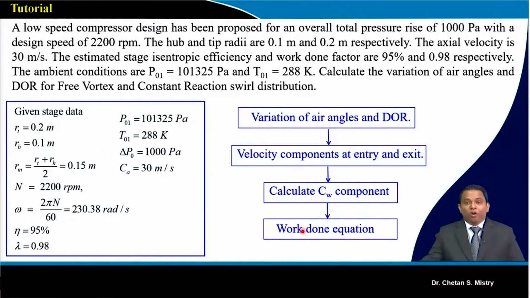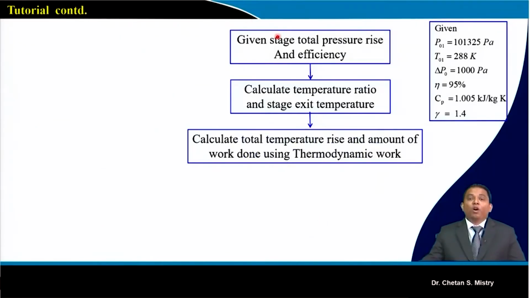So in order to meet this requirement, let's move with a bottom to top approach. Initially we will implement our work done equation for the calculation of parameters. Here we know my total pressure rise required, we know our efficiency, and based on that we can calculate my temperature ratio.